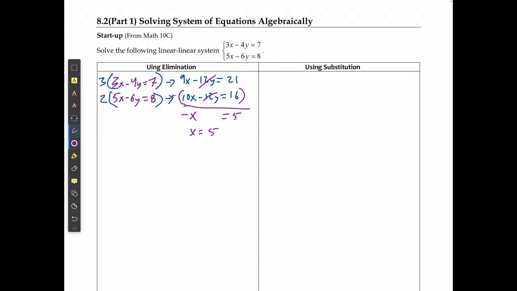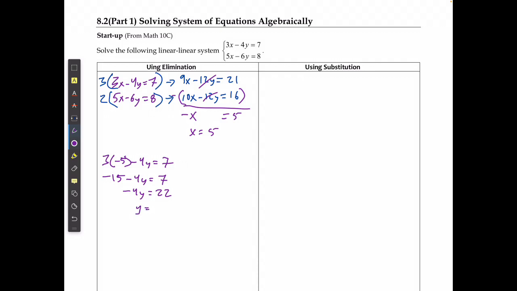If I know x is equal to negative 5, I need to put that back into one of my equations to solve for y. So I'm going to use the first equation. I'm going to say that 3 times, well, x is now negative 5, minus 4y is equal to 7. Negative 15 minus 4y is equal to 7. Negative 4y, when I add 15 to both sides, is going to be 22.